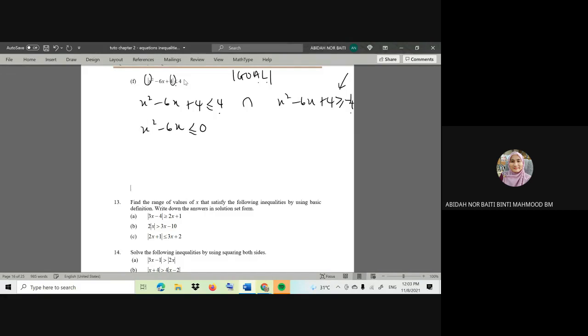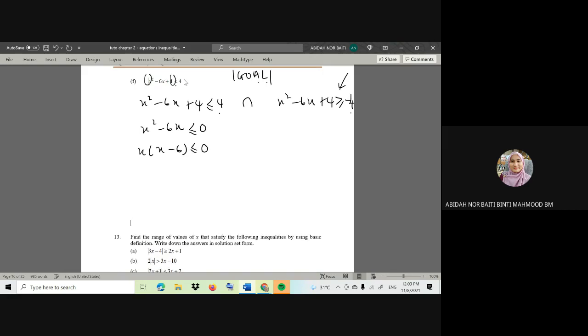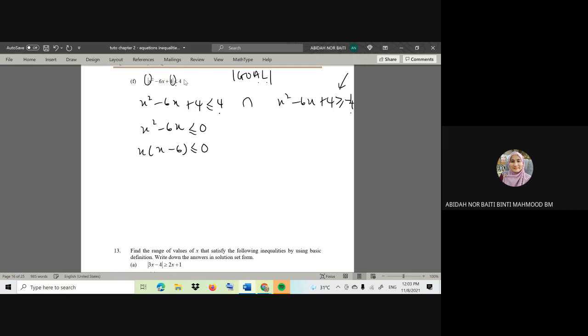So this is quadratic inequalities. We can factorize, so we get it like this. For quadratic inequalities, what method do we use to solve? We use the graphical method.